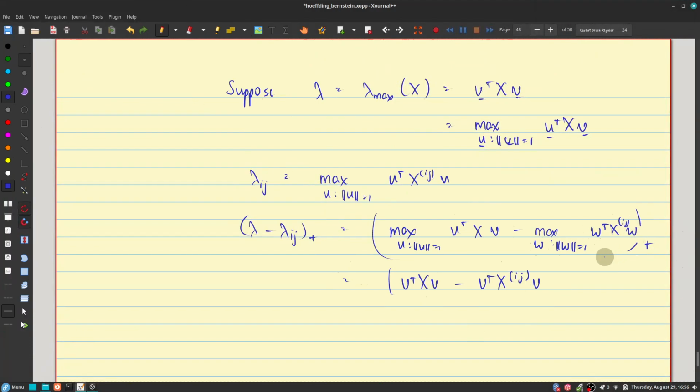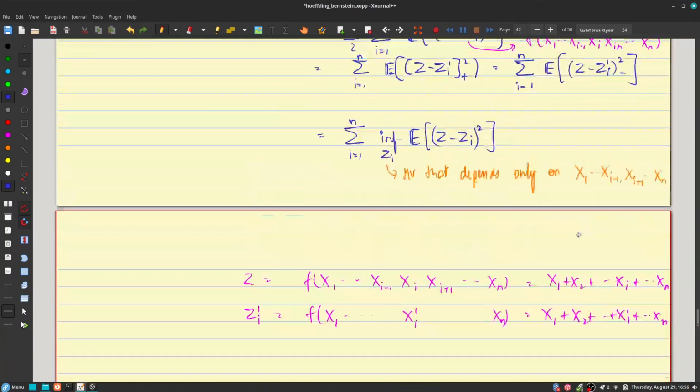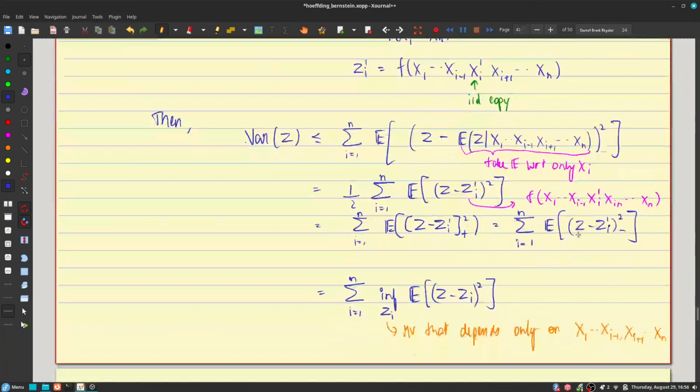Can you also tell why exactly we're writing the plus? I want to use this particular statement of the Efron-Stein inequality, which says that the variance of Z is upper bounded by the summation over i equal to 1 to n of the expectation of (Z minus Zi prime)+ the whole square, right?